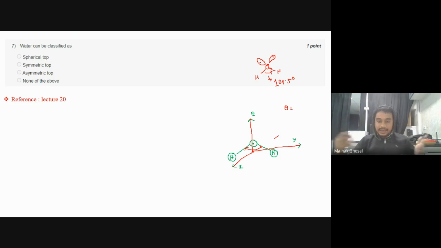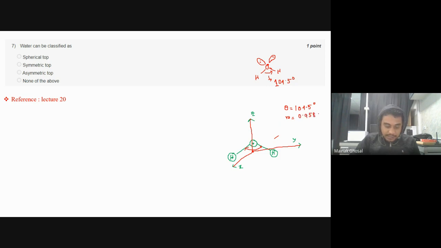So initially you are correct that for tetrahedral molecules the bond angle will be 109.5, but for water, since lone pair repulsion is there, the bond angle will reduce to 104.5 degrees. Got it? So for water, the HOH bond angle is 104.5 degrees. I also have the value for r, and you can find it on Google too.